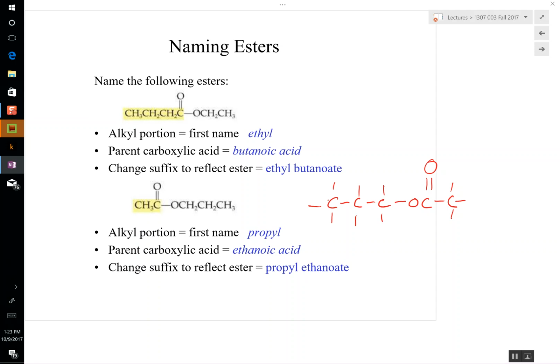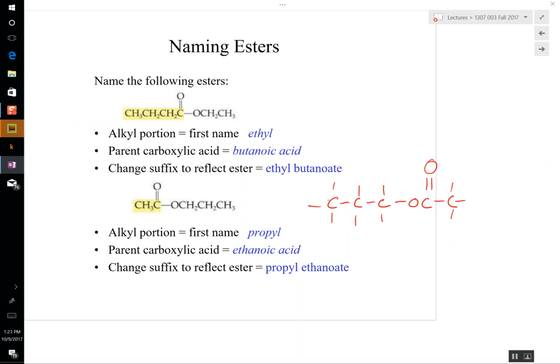So take the second part of the molecule, that's what comes first. Ethanoate is what comes second. Those are two identical molecules. What have we done? Well, we have just started drawing this first and followed up with that.